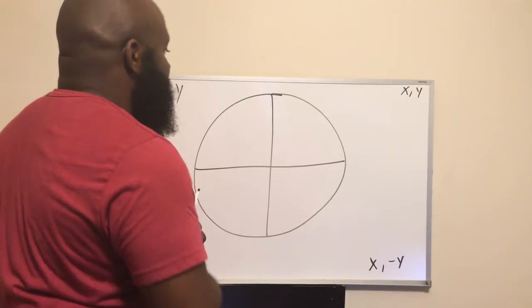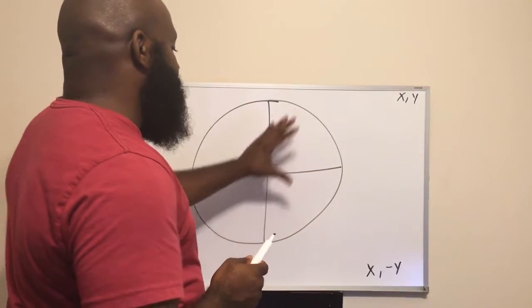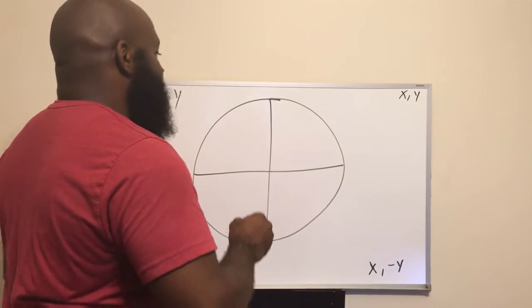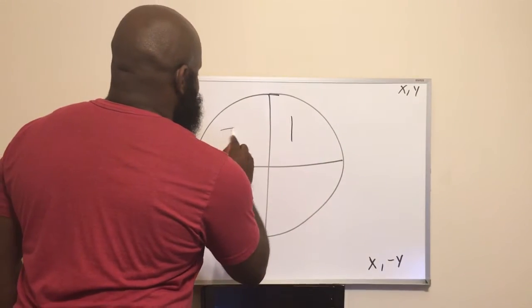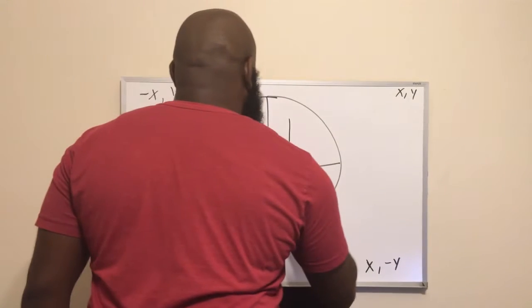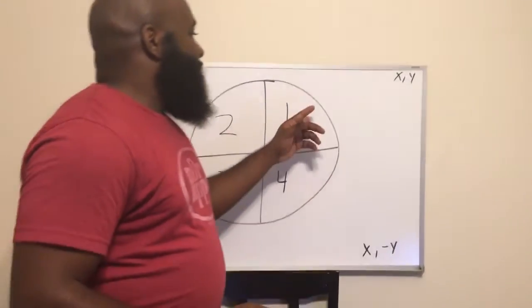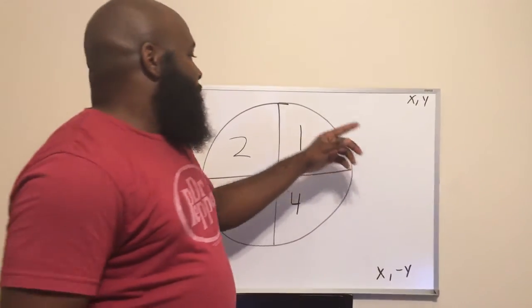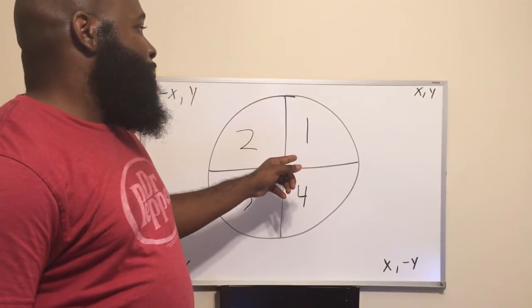First thing, what you have here is a circle split in 4 parts. You have your first quadrant, your second quadrant, your third quadrant, and your fourth quadrant. In your first quadrant, your x and your y are both positive.